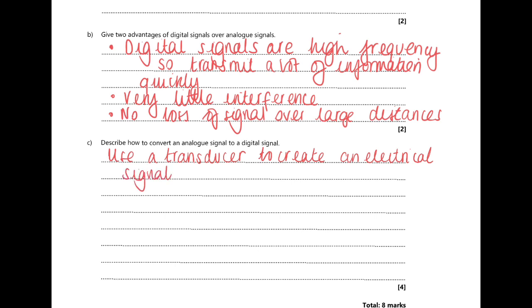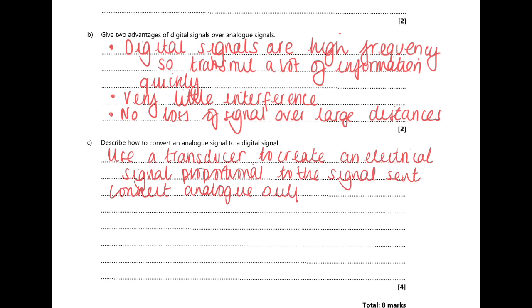And this signal is going to be proportional to the signal that was sent. You're then going to connect analog output, so that's what comes out of our analog one, to a digital input. So whatever comes out your analog, you're going to make sure it goes into a digital input.